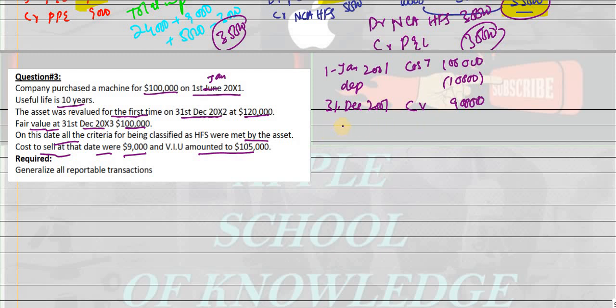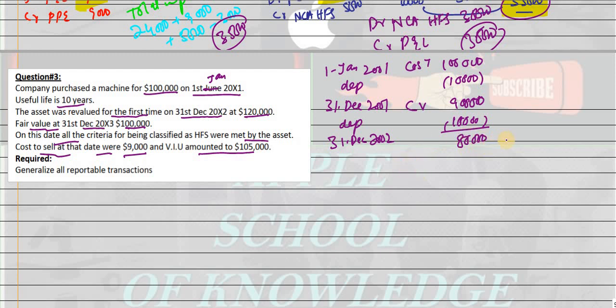Now again you have to do depreciation for the second year, and that will be the same as the previous. So the value on 31st December 2002 is 80,000.